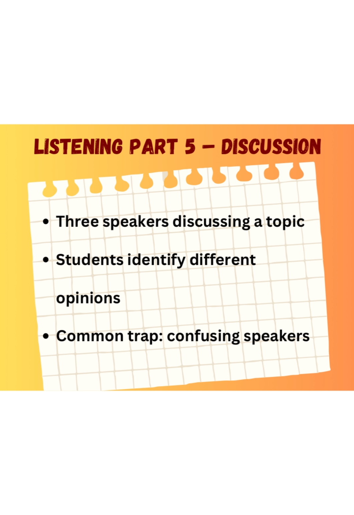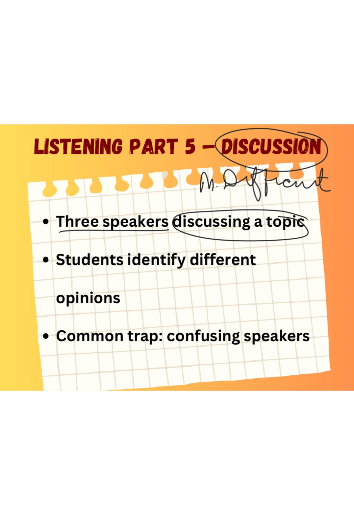The fifth part of listening is discussion. It is one of the most difficult parts. There will be 3 speakers discussing any random topic. This part is tricky because students often confuse who is saying what.